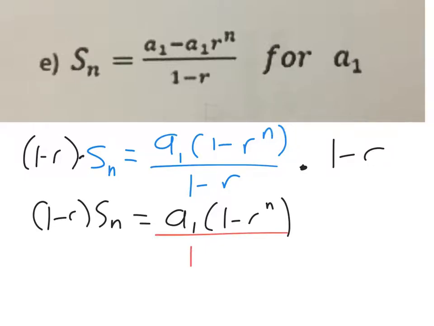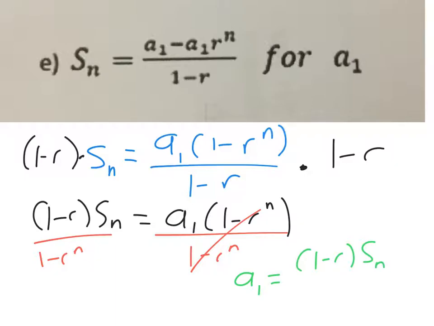And now then I want to divide by 1 minus r to the n on both sides. And when I do that, that leaves me with a sub 1 equals 1 minus r times s sub n over 1 minus r to the nth.